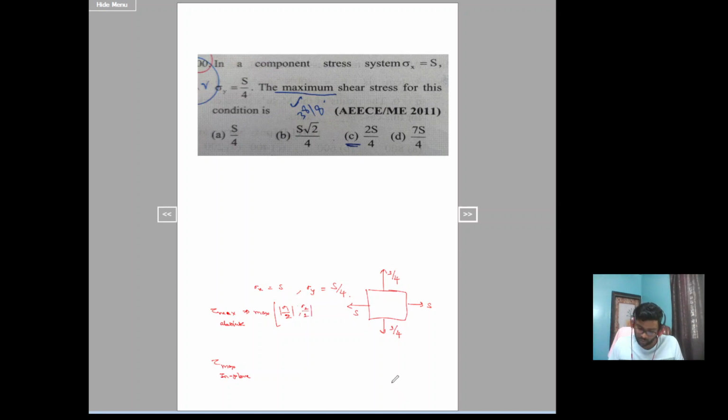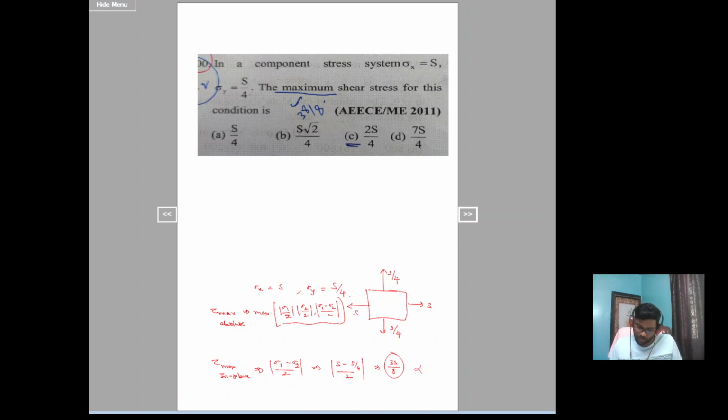Out of these three, whatever the maximum value is, you should consider it as the absolute maximum shear stress. If you take the in-plane maximum shear stress, you will get sigma 1 minus sigma 2 by 2, that is S minus S by 4 divided by 2, which gives 3S by 8.